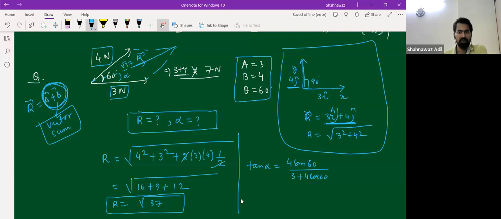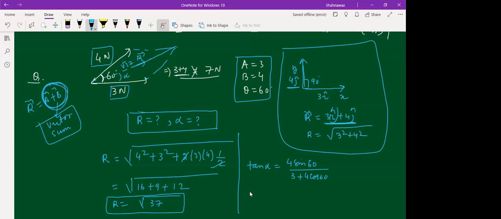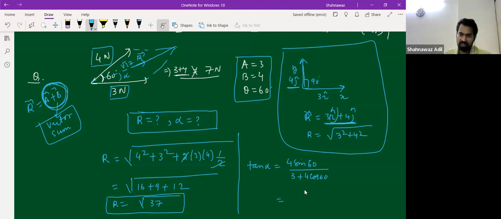Right, so is it correct, Nabila, Afaf, and Ishra? Yes, sir. 4 sine 60 is, as Akib was saying, root 3 by 2. And 3 plus 4 cos 60 is 5. So this 2 cancels and this 2 cancels, and we have 2 root 3 by 5.